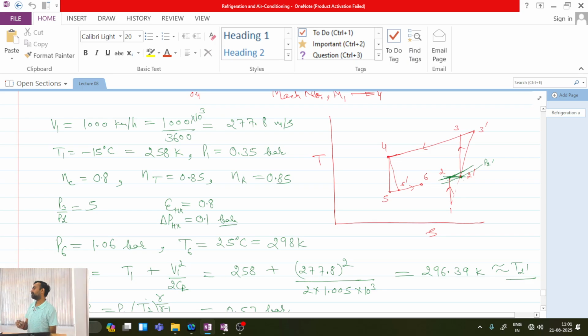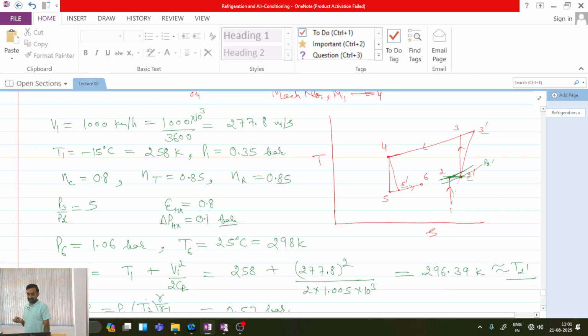Whenever we have the ram process, compression process and the turbine process, all these are actual processes. So each process has some amount of isentropic efficiency involved. That is the reason we are reaching points 2 dash, 3 dash and 5 dash.